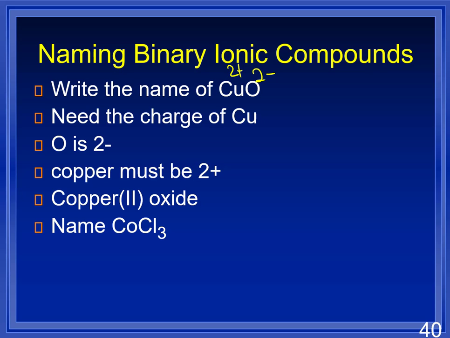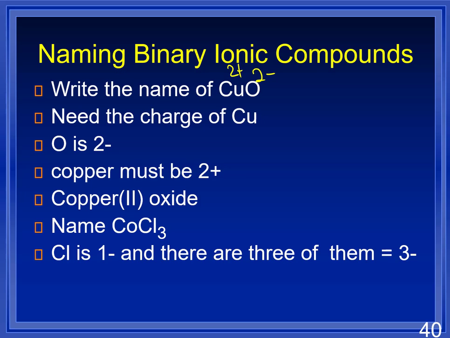All right, so it's cobalt something, and then Cl is chlorine. We're going to change that to chloride. So it's cobalt something chloride. I've got to figure out the something. Well, I know that Cl is 1 negative. Halogens always get a 1 negative charge. And there are 3 Cls. So that gives me a total negative charge of 3 negative.